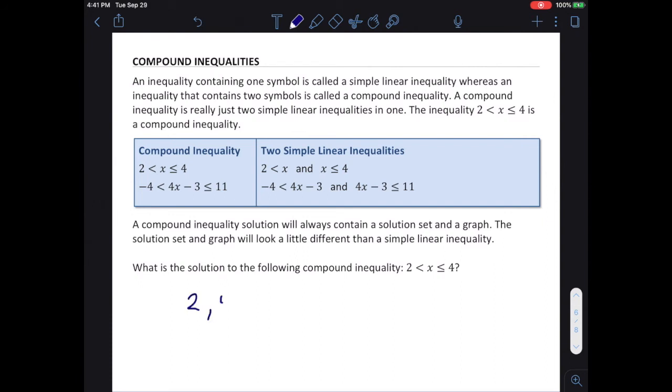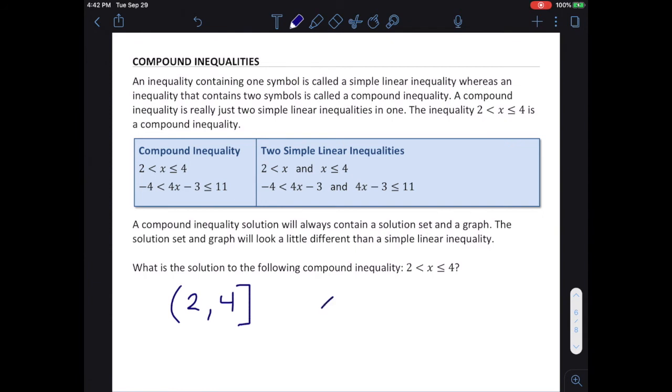So our interval is going to have 2 and 4 in it. And then we just have to decide on what type of container, a bracket or a parenthesis, based on the symbol. So since we don't have equality on the left-hand symbol, we're going to use a parenthesis. And we do have equality on the right-hand symbol, we're going to use a bracket. So we have an interval that has a parenthesis and a bracket from 2 to 4.